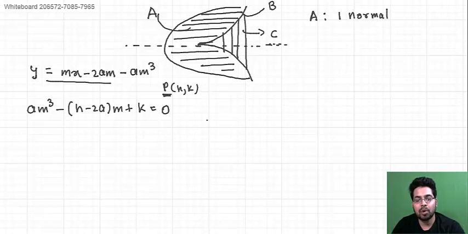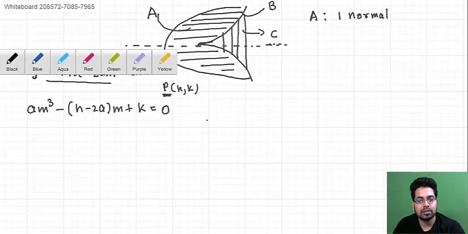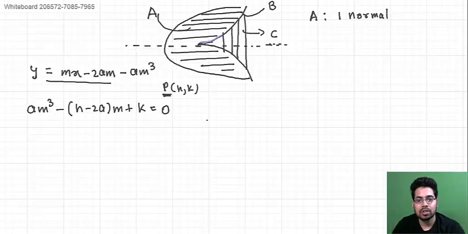And for any point on this curve B, which I have shaded in purple, we can draw two different normals.